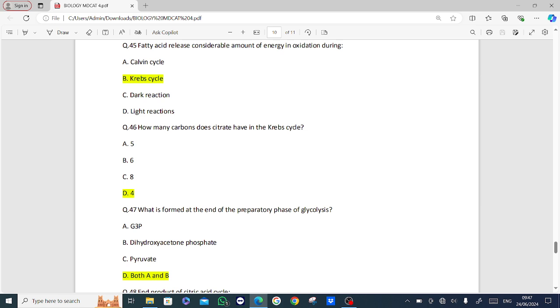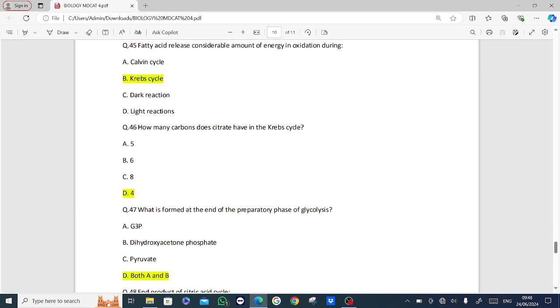Next MCQ is: how many carbons does citrate have in the Krebs cycle? Options are 5, 6, 8, 4. Answer is option D, 4.